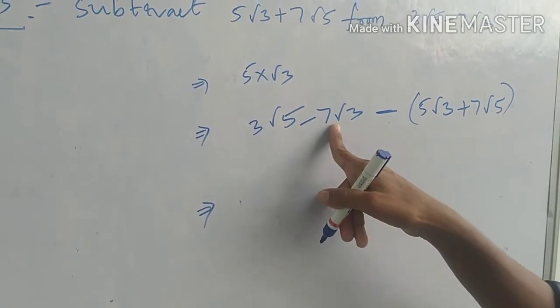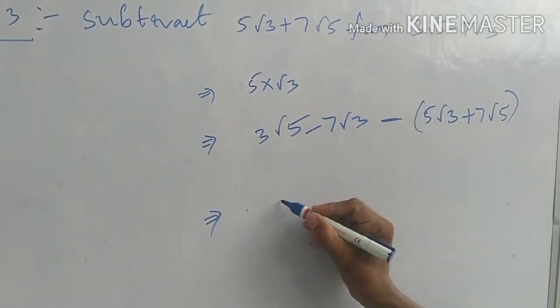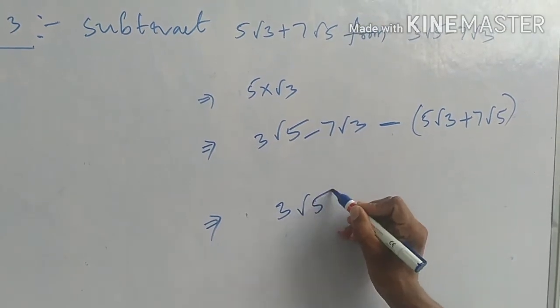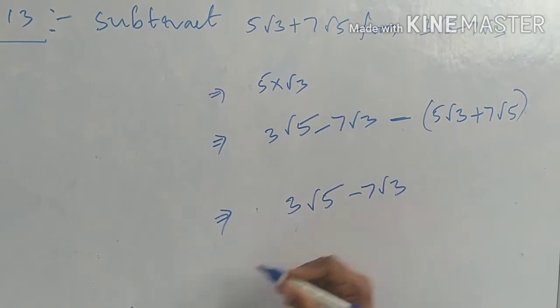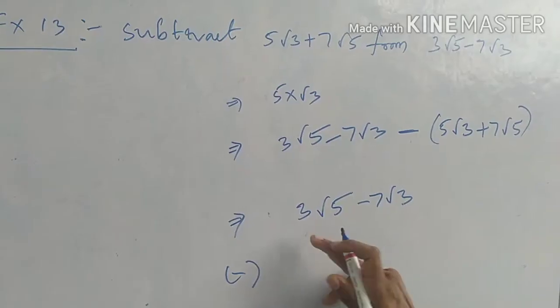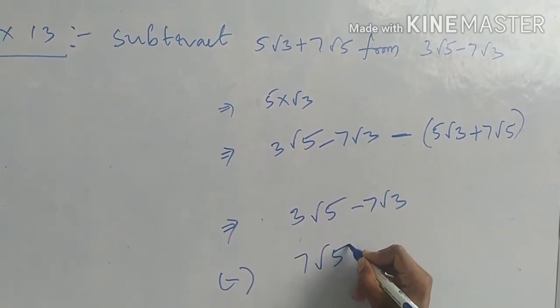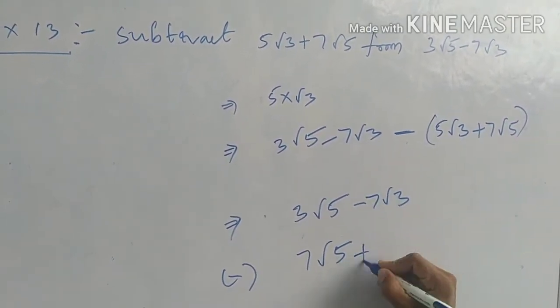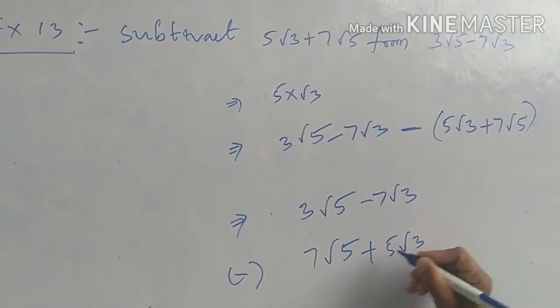Here like terms are 7 root 3 and 5 root 3. Rearranging the terms, 3 root 5 minus 7 root 3. Operation is subtraction. 3 root 5, like term is 7 root 5, plus 7 root 3, like term is 5 root 3.